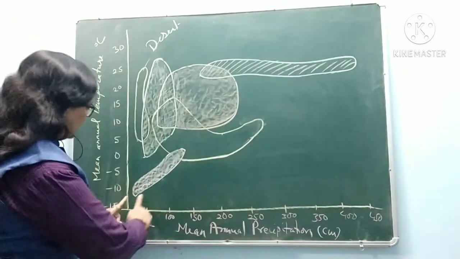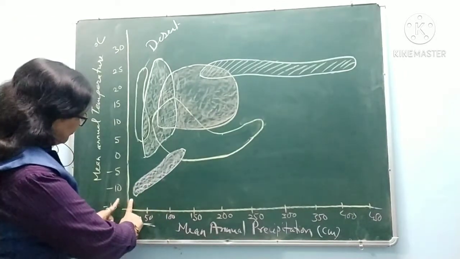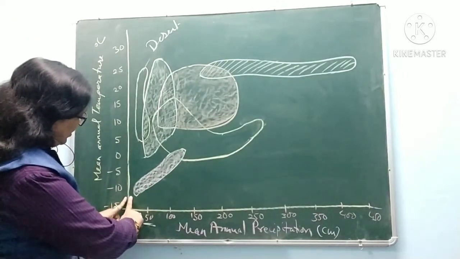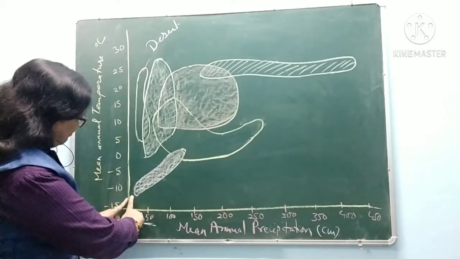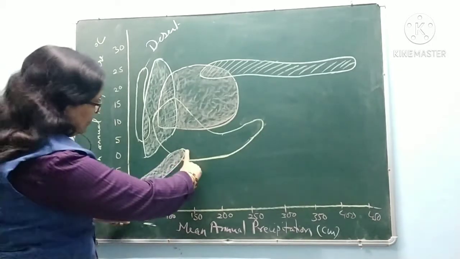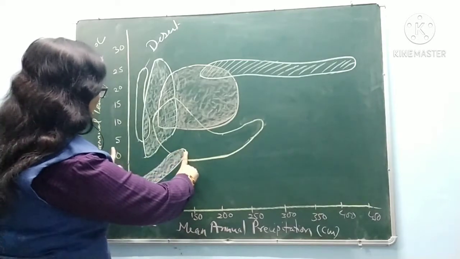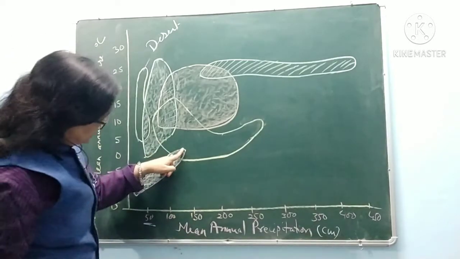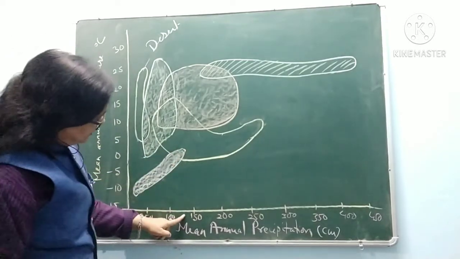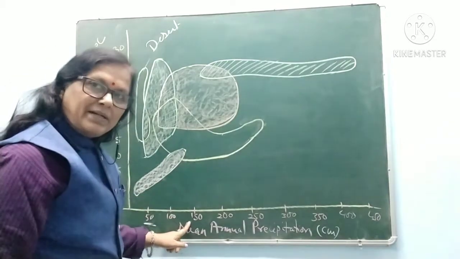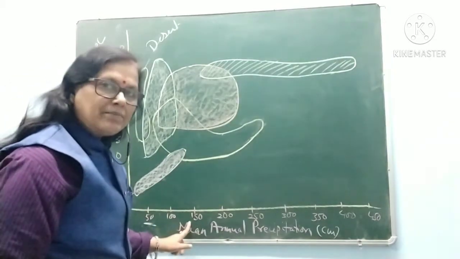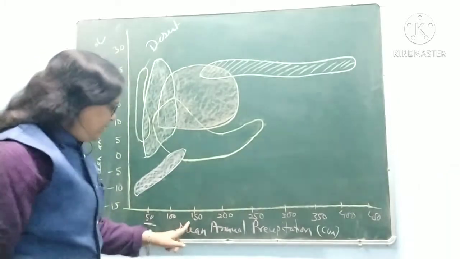Then you see minus 15 degrees to up to 0 degrees or 4 degrees Celsius, and the precipitation is up to 150 centimeter.